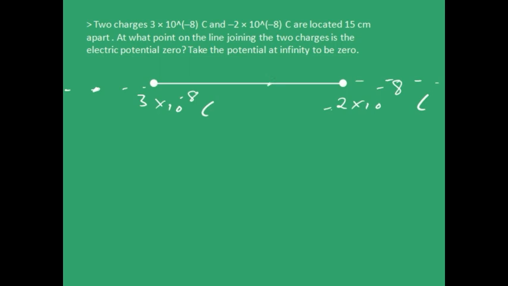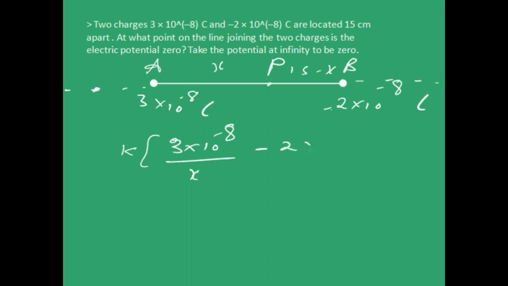What if the point is somewhere here? Now I don't know what this distance is. Let this be A, let this be B, let AP be x. So PB will be 15 minus x. Now the potential at P due to A will be k into 3 times 10 power minus 8 by x, and due to the negative charge it will be minus 2 times 10 power minus 8 by the distance, 15 minus x.